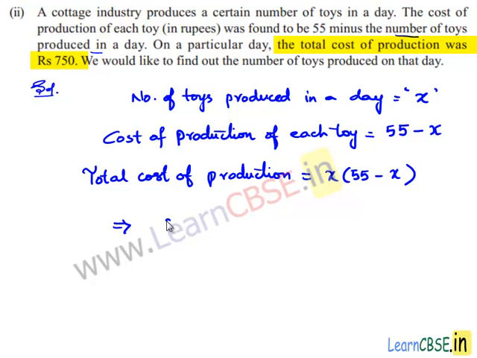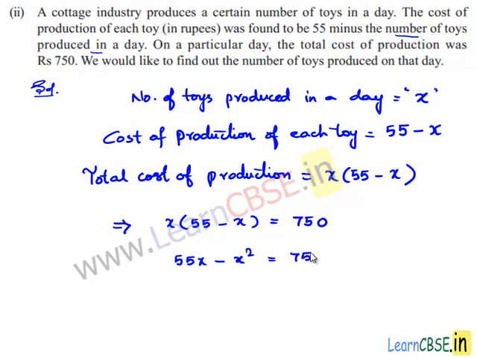We can write x times 55 minus x is equal to 750. On multiplying, we get 55x minus x square is equal to 750. So transposing the terms on the left hand side to the right hand side, we get x square minus 55x plus 750 is equal to 0.